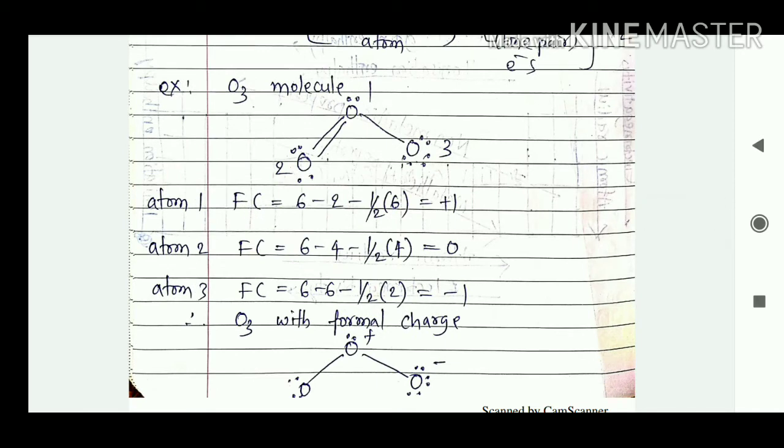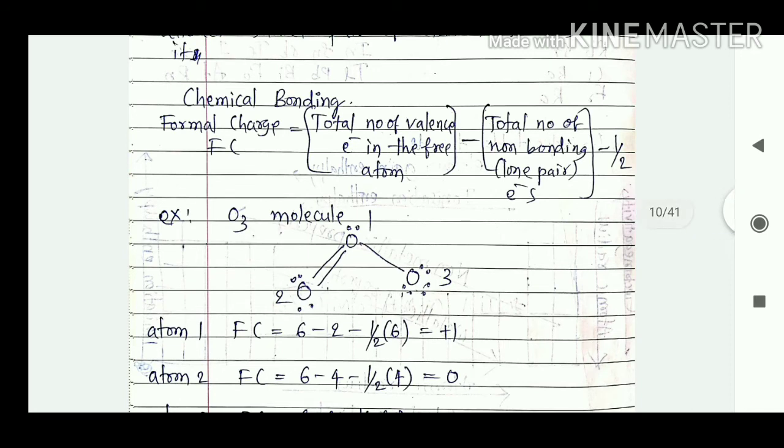The O3 molecule. Here we have an ozone molecule. This is how it works. Let us calculate the formal charge on the first oxygen atom. The total number of valence electrons on this oxygen is 6, minus the total number of non-bonding electrons, only one lone pair is there, so 2, minus half of the bonding electrons.